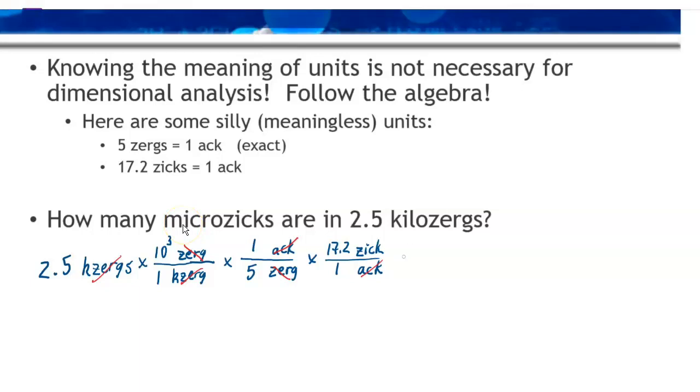To do that, I want to get rid of my unit of zik. So put zik in the denominator. I want microzik, my target, in the numerator, and there's 1,000,000 microziks for 1 zik. Once again, my units cancel, and I multiply all this out, and I get the answer 8.6 times 10 to the 9th microziks.